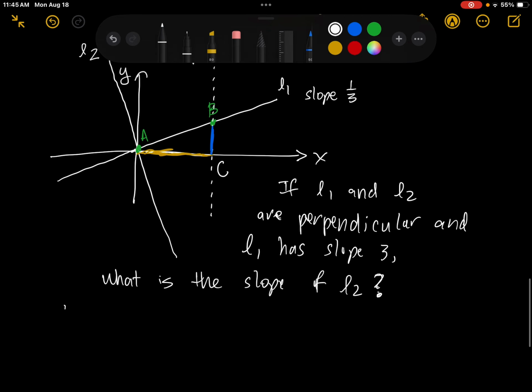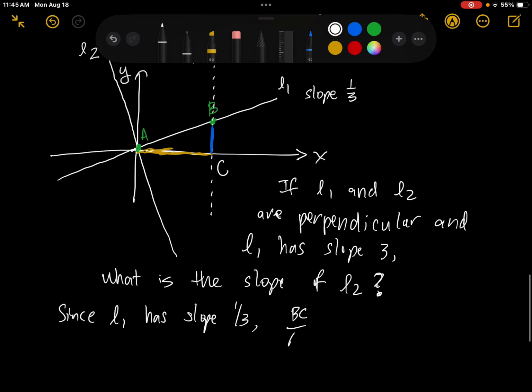So since L1 has slope 1/3, BC over AC is 1/3.